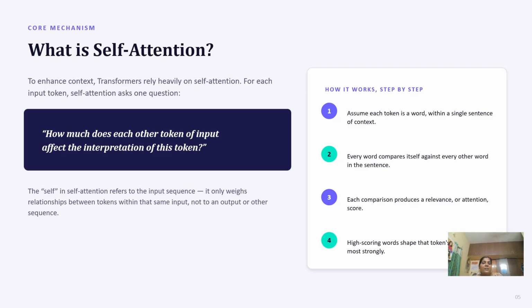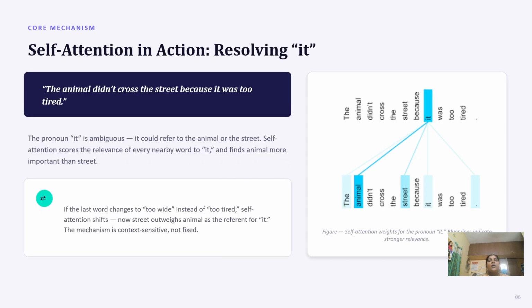With that comparison, the high-ranking or high-scoring words would be considered to shape the token's interpretation most strongly. That is the next word the computation arrives at. Self-attention in action, resolving it. Here we could go with an example: the animal did not cross the street because it was too tired.